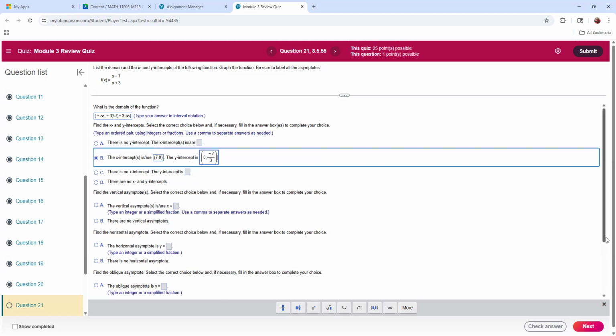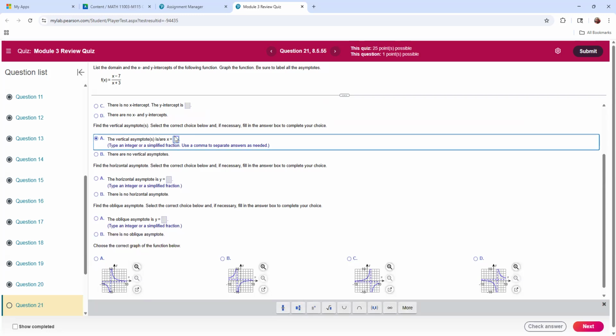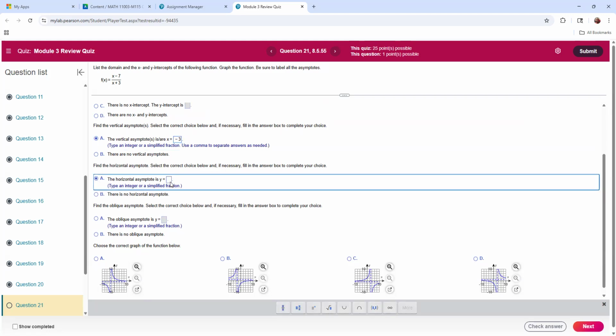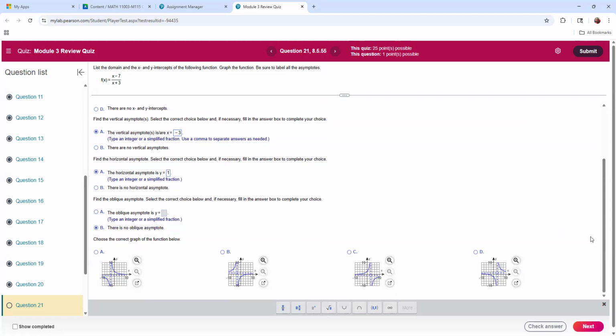All righty, let's go down. Vertical asymptote would be A, x equals -3, we said. Horizontal asymptote, we said that was y equals 1 over 1, which equaled 1. Remember, there's no oblique on these. All righty, so I had a vertical asymptote at -3.